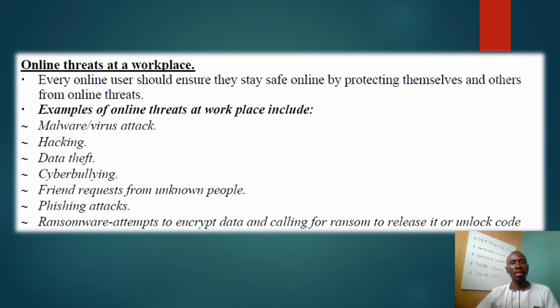Later on, we are going to venture in and know what a virus is, but as of now, know that a virus is a program that is meant to alter the normal working of other programs in a computer system. Hacking is another example whereby one gains unauthorized access to some very important information in a system without the owner's consent.